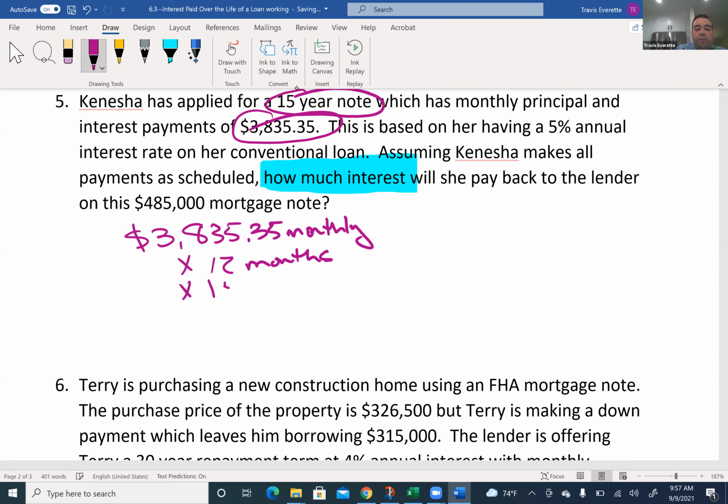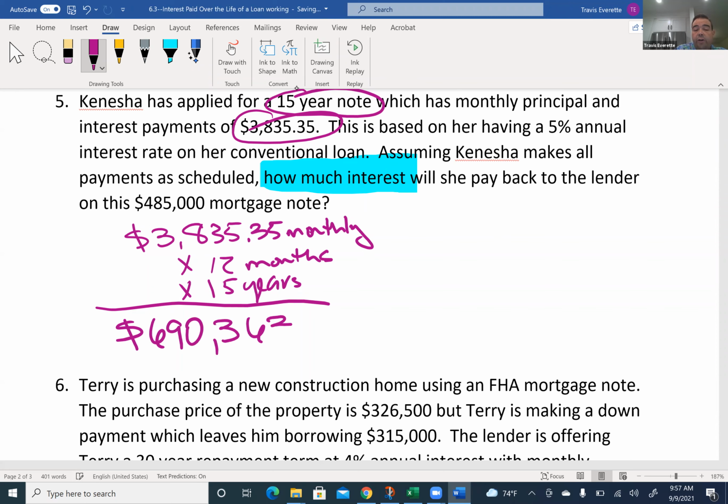So that's times 15 years. That's going to give us a total repayment, $3,835.35 times 12 times 15. That's a total repayment, folks, of $690,363.